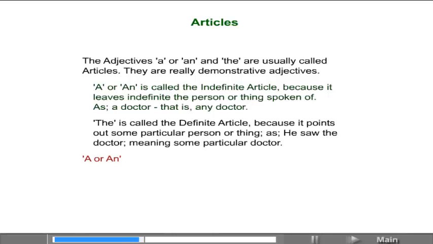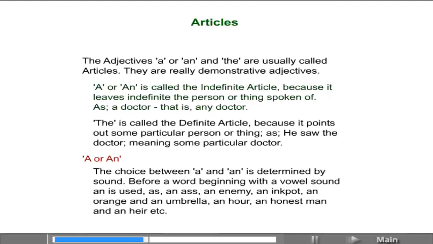A or an. The choice between a or an is determined by sound.